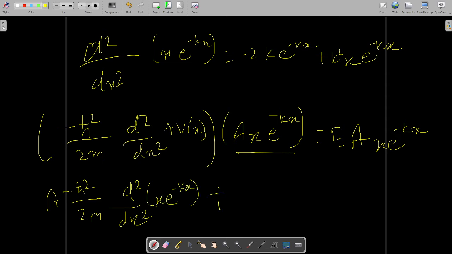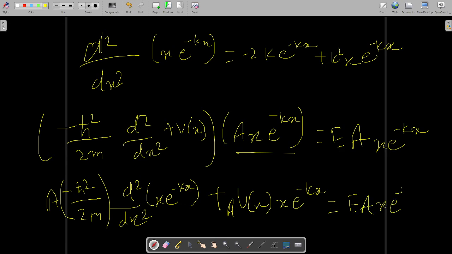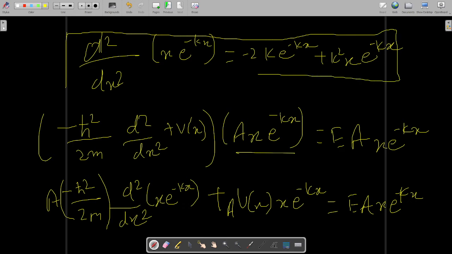And in the plus we have v of x, a times x e to the power minus kx, equal to e a x e to the power minus kx. Got it? So this double differentiation has already been found out, and in this place I will substitute it.